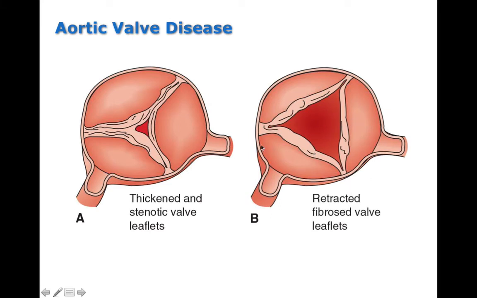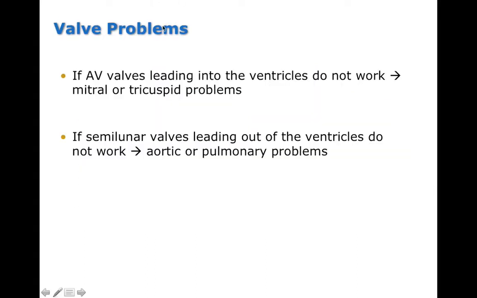Now, if it's the aortic valve, then blood can back up into the heart instead of being forced along, and that can lead to problems of cardiac output and blood pressure. Now, the AV valves are the ones that separate the atria and ventricles, and if the AV valves going to the ventricles don't work, we say that these are mitral or tricuspid problems, because this is just another name for these AV valves.